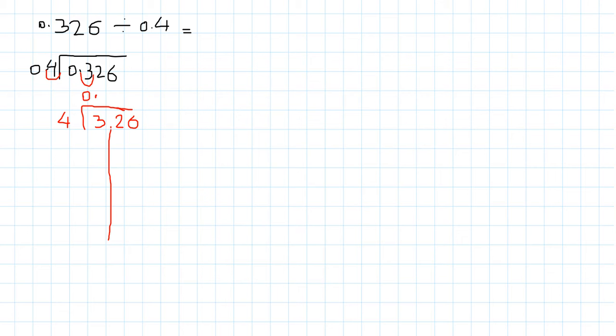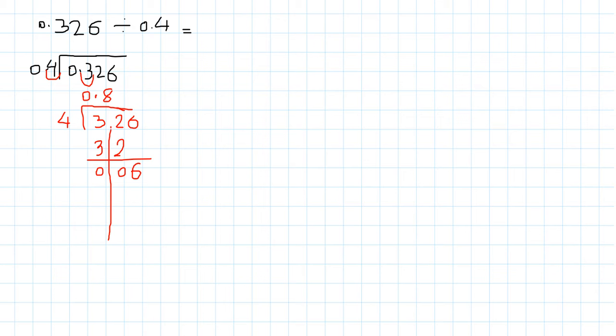Now I can ask how many 4 are there in 32? I say 8, 8 times 4 is 32. Okay, 0 0 and bring down 6.